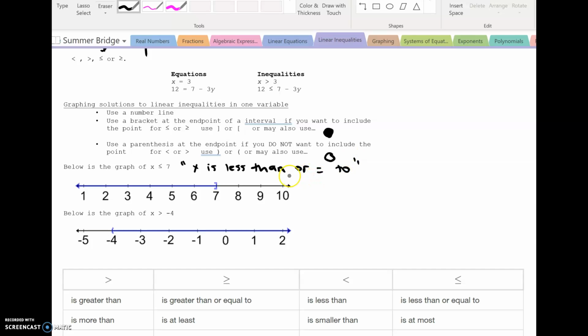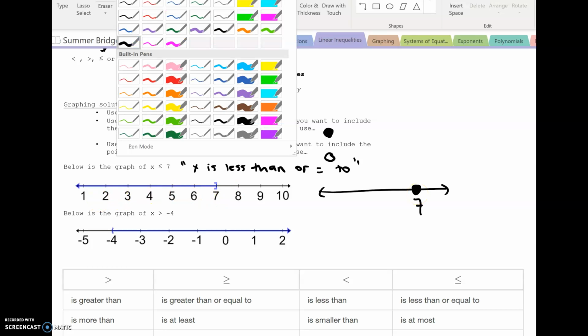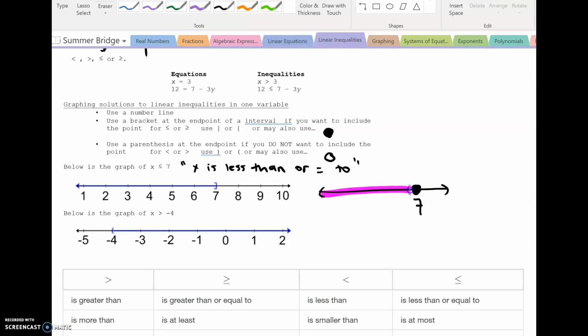Notice because of the "or equal to," we are going to use a bracket. You could also use a closed circle. And then you're going to shade all the numbers that are less than 7. So you would shade to the left of 7. I'm going to use a different color, shade, and then do a big arrow.